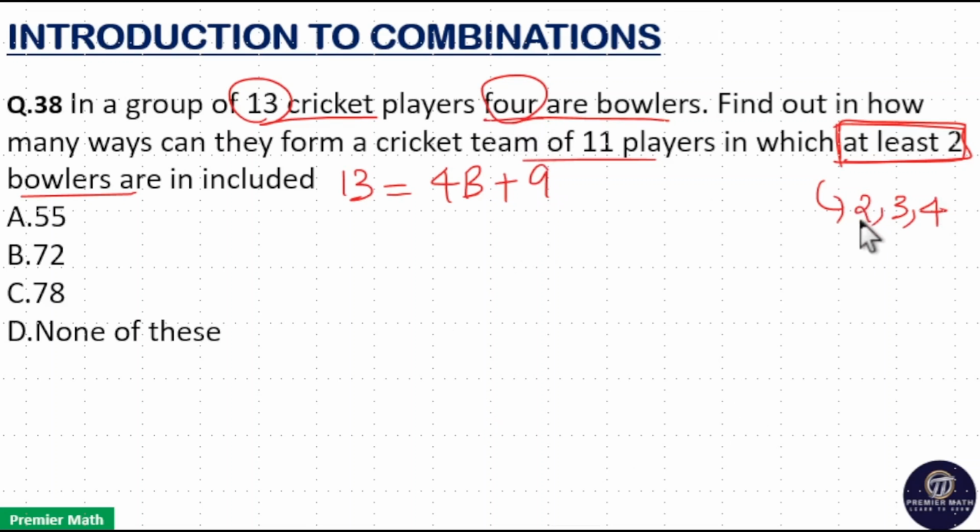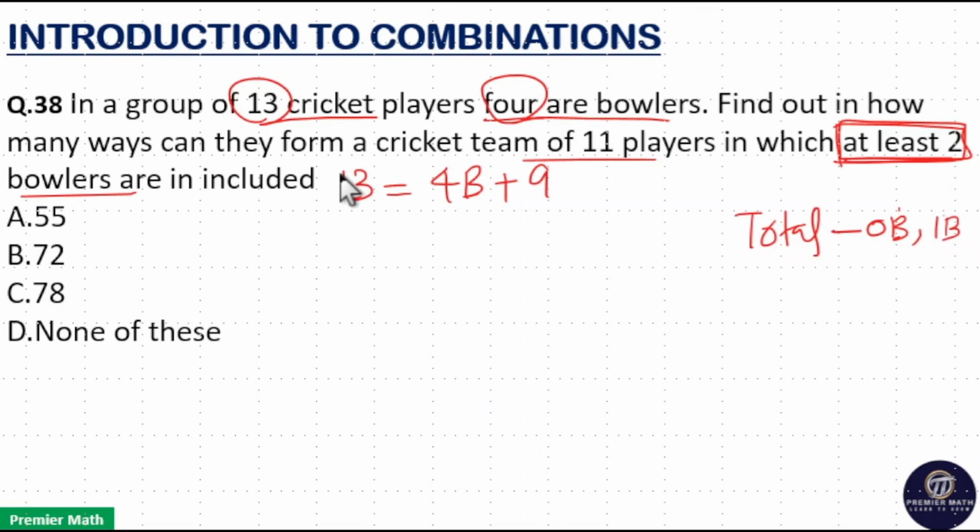Instead of calculating the possibilities for 2, 3 and 4, calculate the possibilities for 0 bowlers and 1 bowler, because 0 and 1 are not included in at least 2.